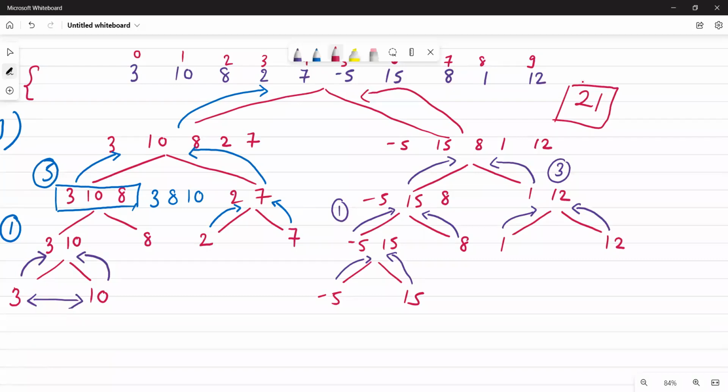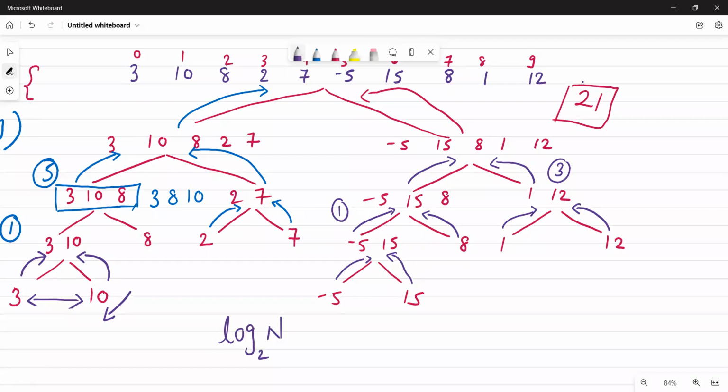We are dividing and comparing, right? So we have divided it entirely, okay? And then we are comparing it. Division of numbers, as you have seen, takes log n time. You all know binary search. We divide and then we check on either end, right?